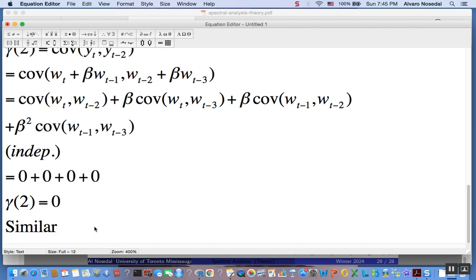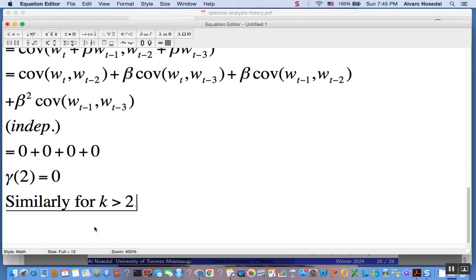Similarly, for k greater than 2, we could show that gamma at k for that sort of lag is going to be 0.